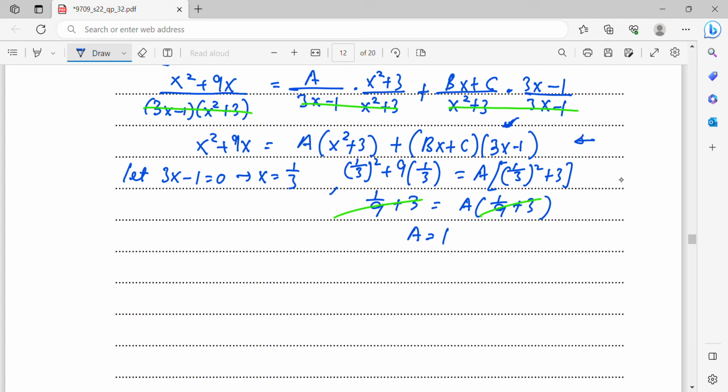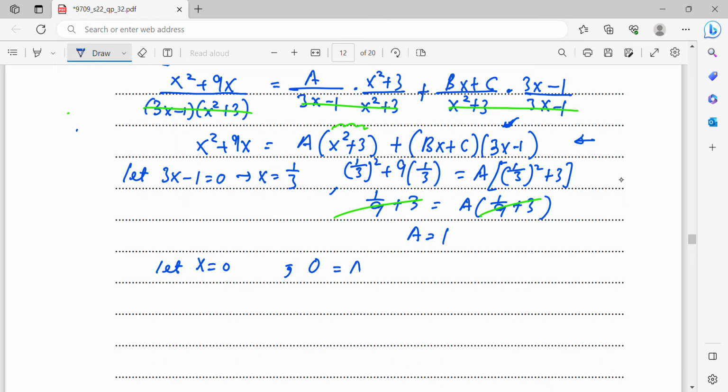Okay, so now for the next x value, by right we need to let this quadratic be 0. But then for x squared plus 3, the x won't be 0. Therefore you can't find any x from this quadratic factor. Then you can just let x be any other number, let it be 0. So left hand side will be 0.